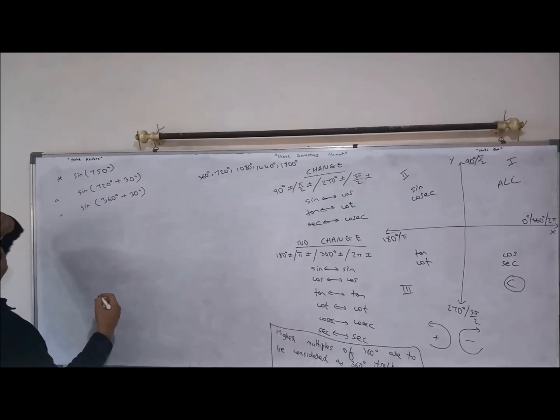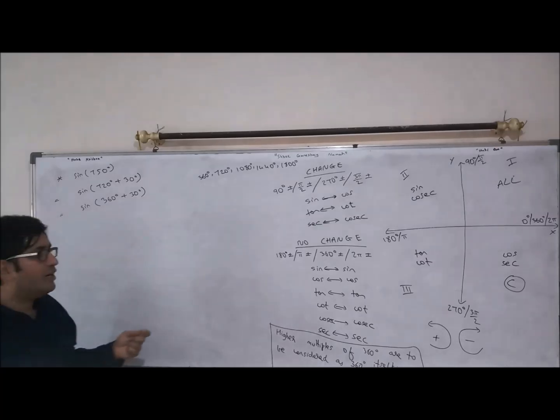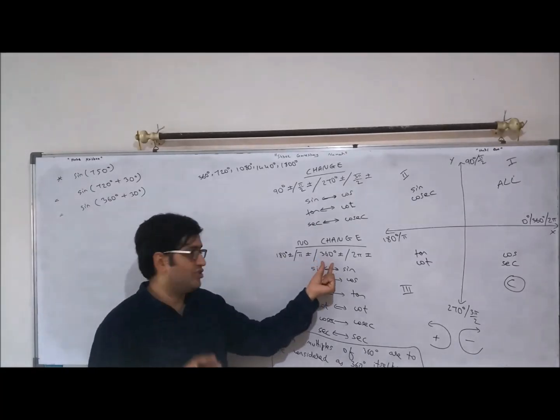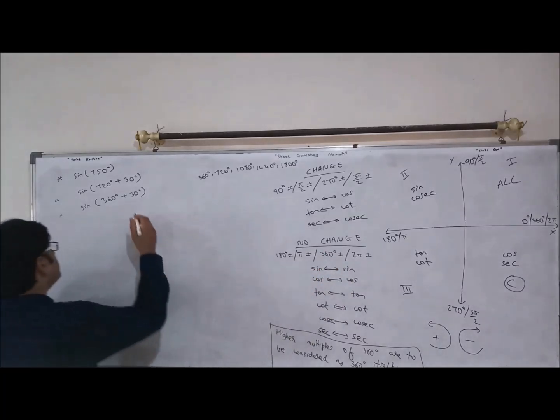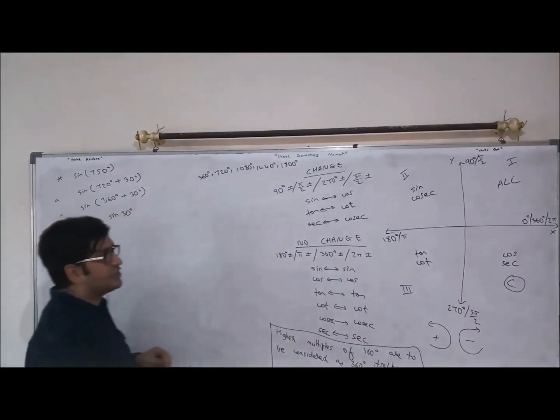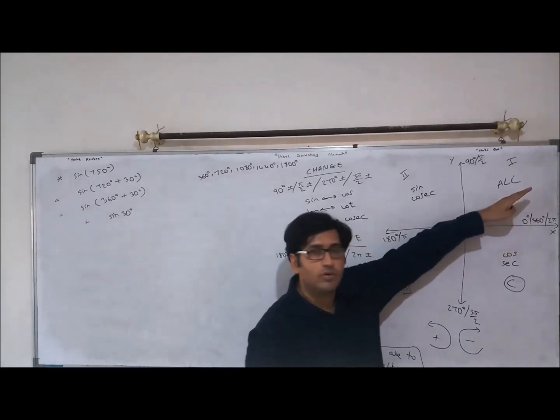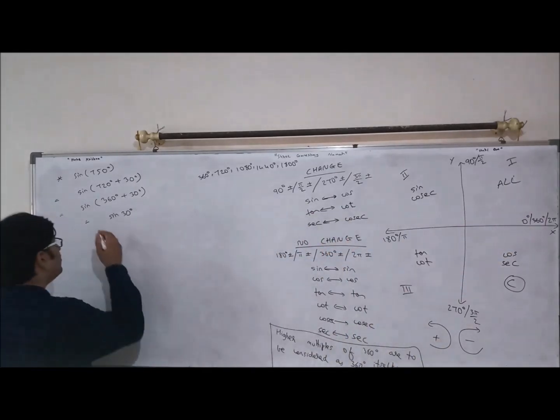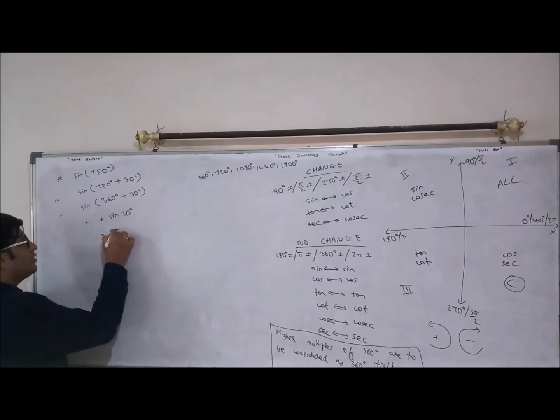Now this you very well know how to calculate. With 360, no change, so sin remains sin. So you write sin 30, and you are entering the first quadrant with 360 plus, so everything is fine there. Your answer is plus sin 30, which is plus half.